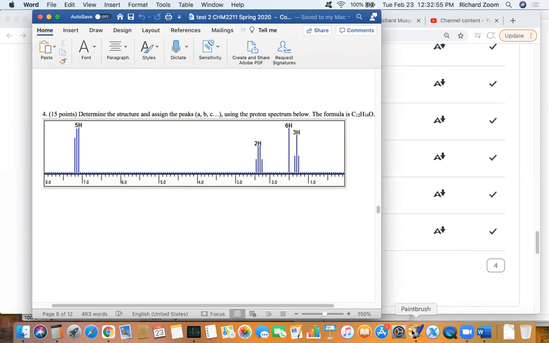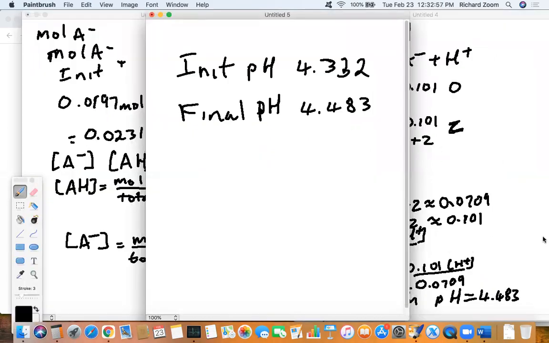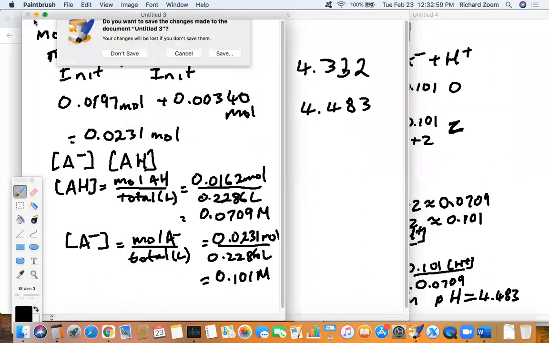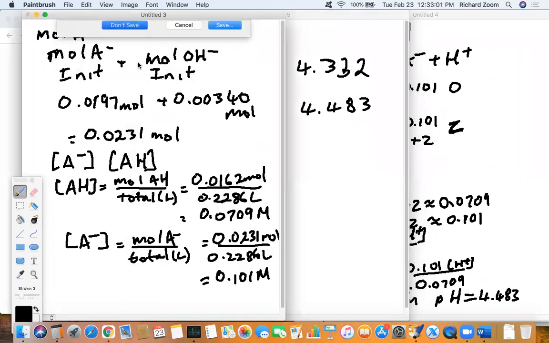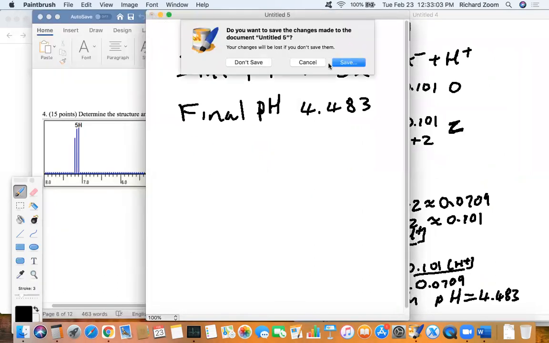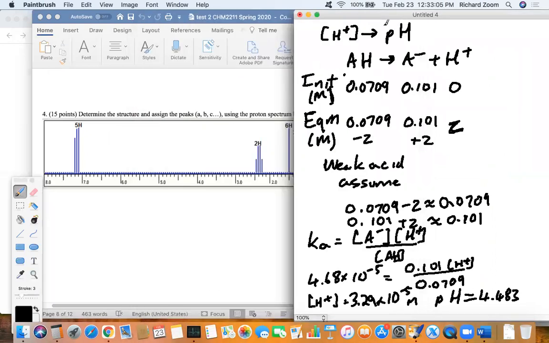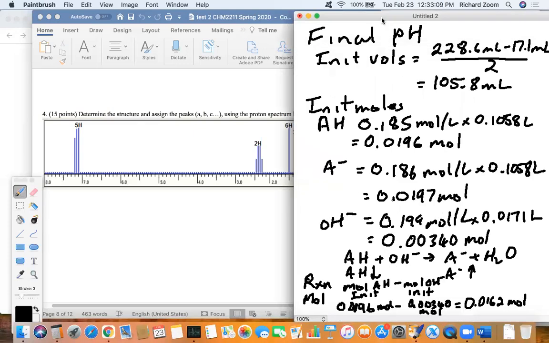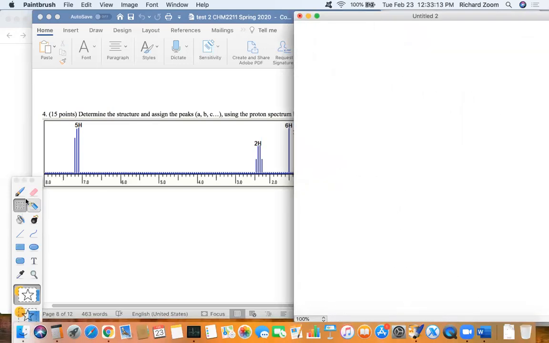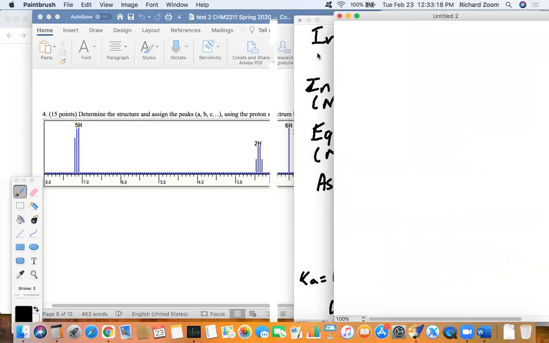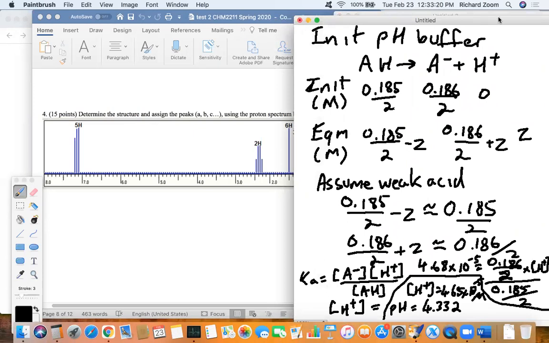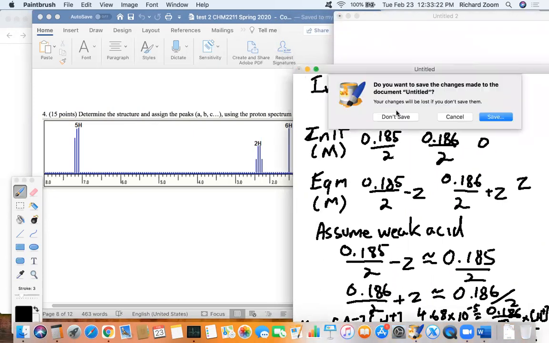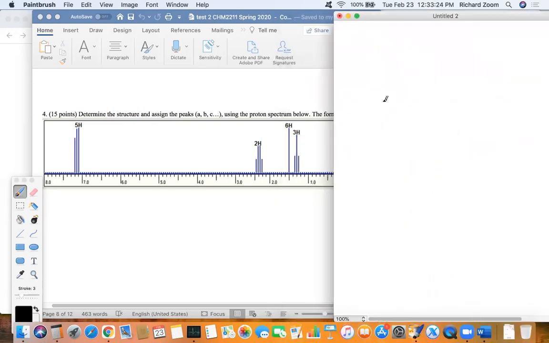Now, one thing about this, let me get rid of some of this stuff here. Is that it'll be an aldehyde or a ketone. So just to remind you what I mean by that.